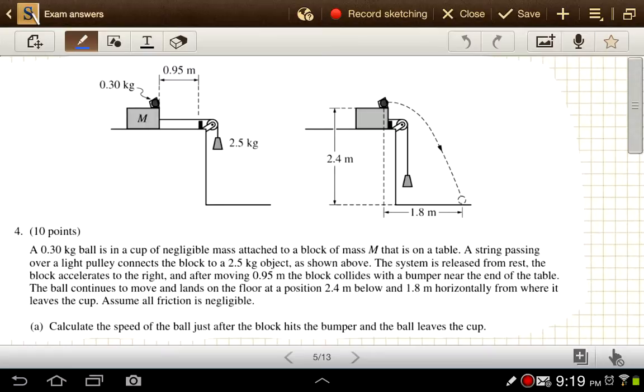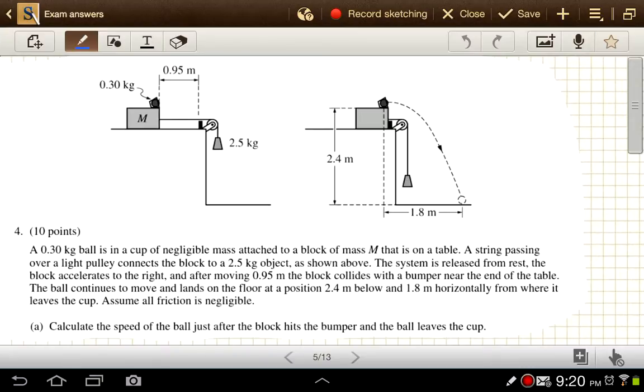And so I start thinking, well, maybe if I know something about forces, I could figure out acceleration, and that might be a way to go about this. Well, I could figure out the net force acting on this system, which is just gravity pulling down on the 2.5 kilogram weight, and there's no friction here, so I don't have to worry about that.